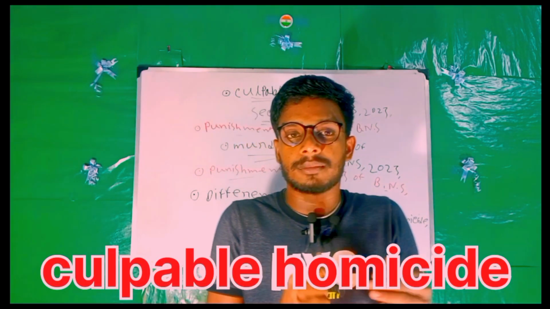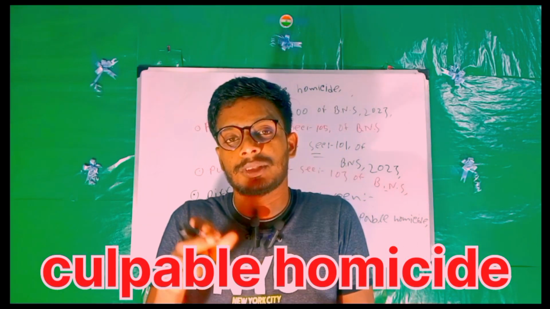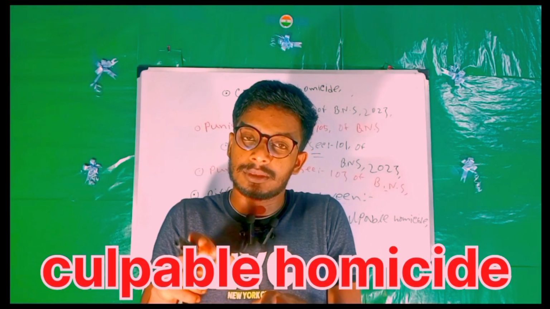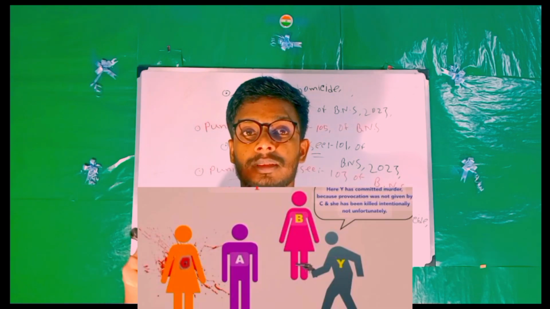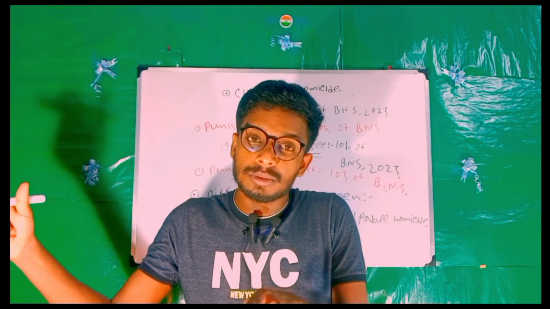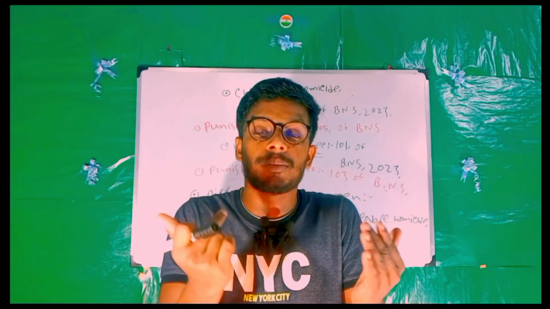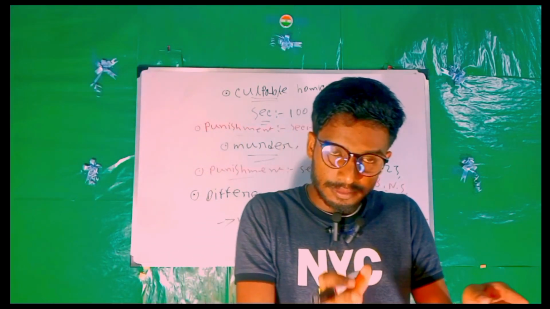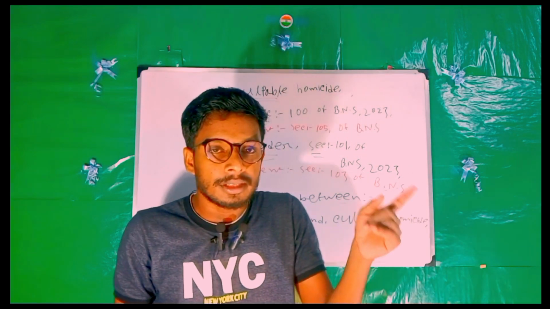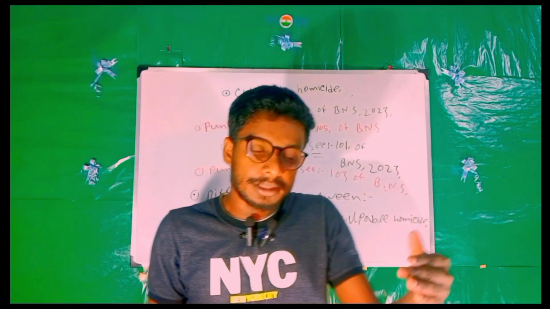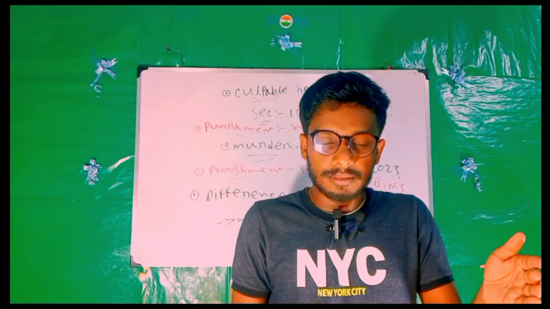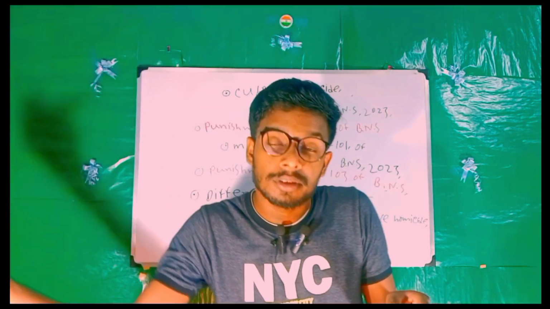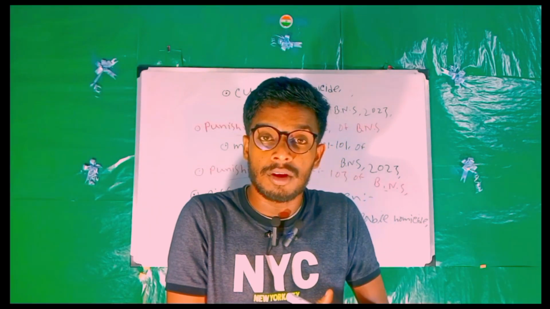Suppose A has the intention to cause bodily injury to B, and has knowledge that such injury will probably cause death, and B dies because of A's injury. That is culpable homicide.